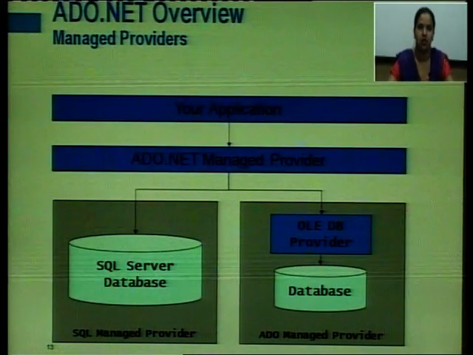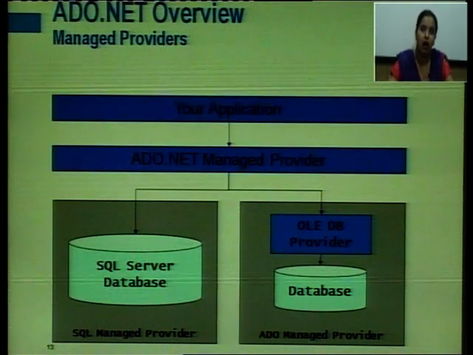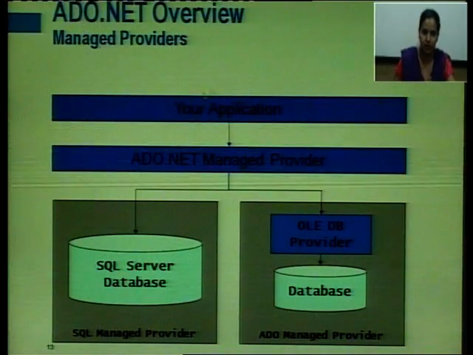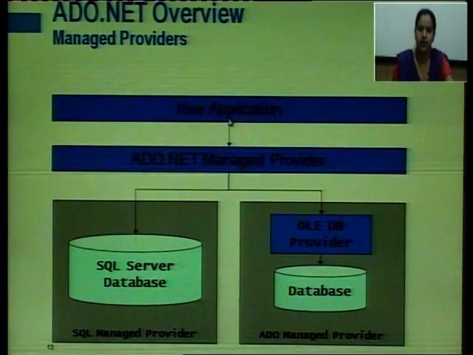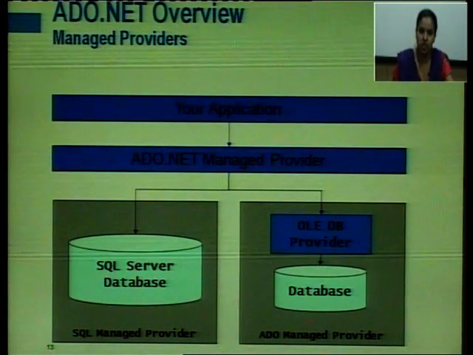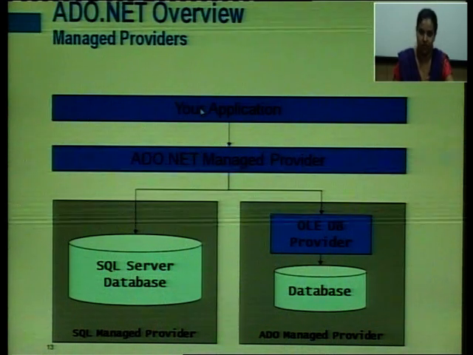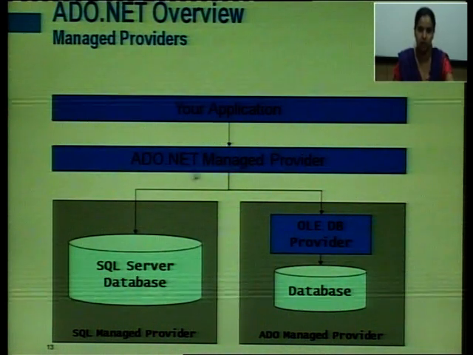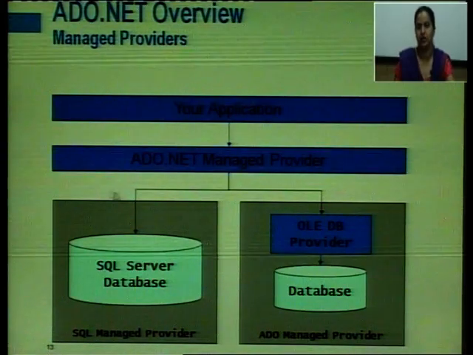Here you see the architecture of ADO.NET, how it provides data. See here, first it is your application, like you are writing any software, your code which is requesting data from the servers or any relational database. This is the ADO.NET managed provider.